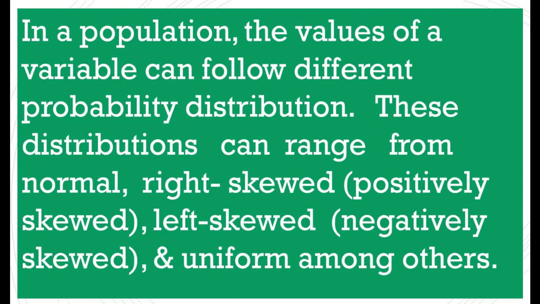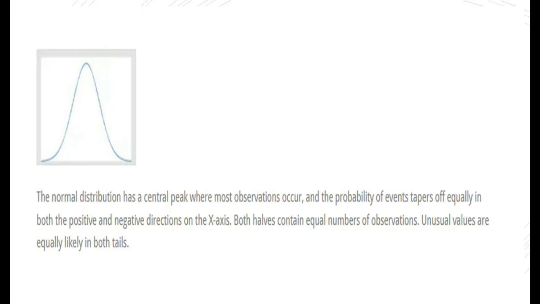So in a population, the values of a variable can follow different probability distributions. These distributions can range from normal, right skewed or positively skewed, left skewed or negatively skewed, and uniform distribution, among others. So let's start with the normal distribution.